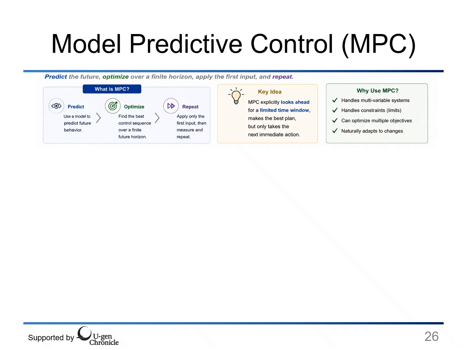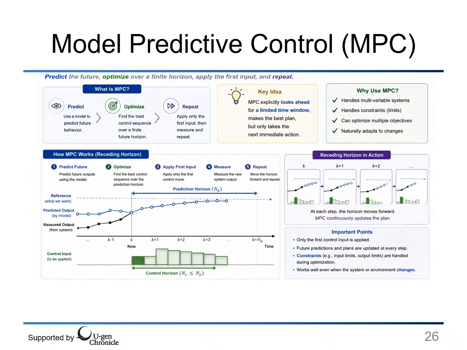Finally, let's look at model predictive control, MPC. MPC continuously predicts the future behavior of the system using a mathematical model. Then, over a finite prediction horizon, it solves an optimization problem to find the best control sequence. But here's the interesting part. Even though it computes an entire sequence, it only applies the very first control input.